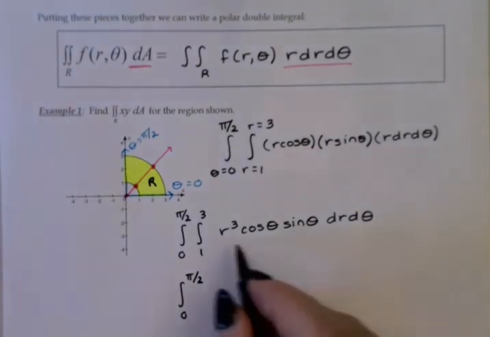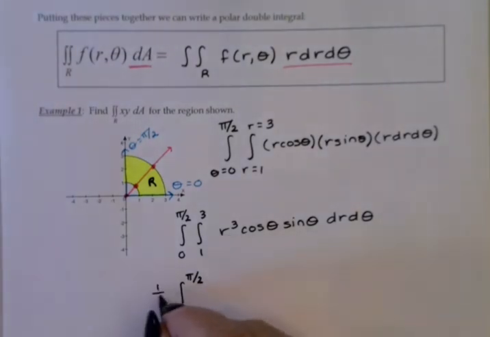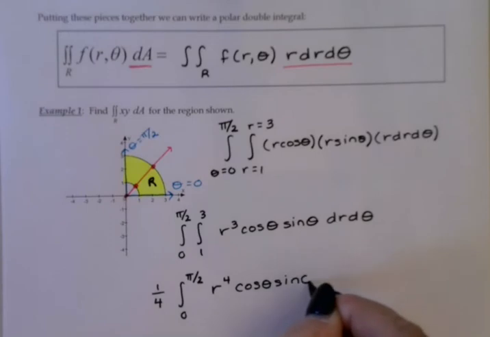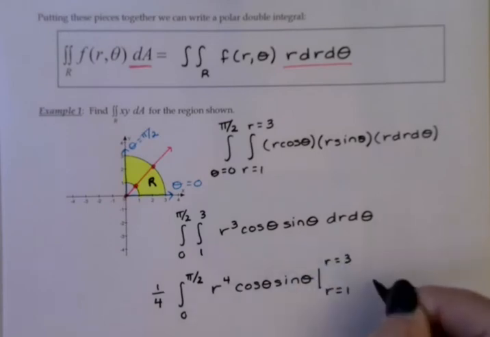So let's see. Integrating would give me a 1/4, which I'll pull out here, r to the 4th, cos theta sine theta, and that's evaluated from r equals 1 to r equals 3.